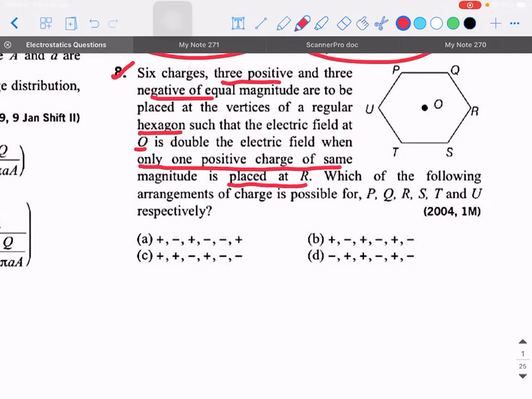You have to try out using trial and error only. So what is the answer?